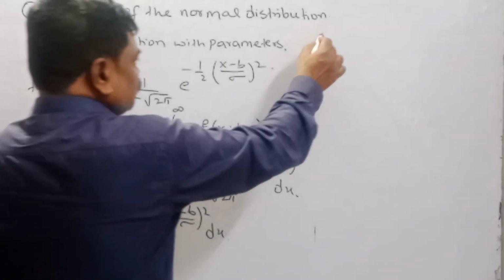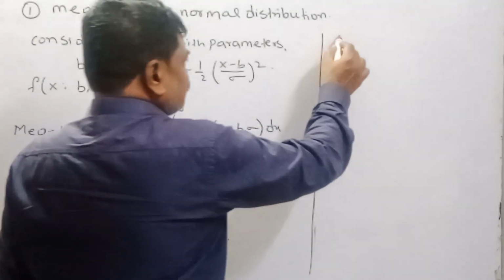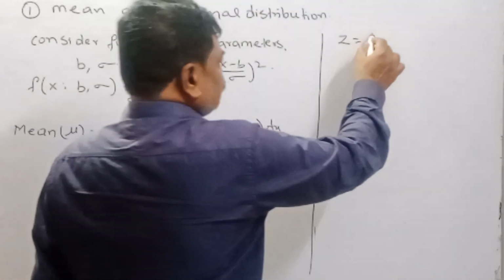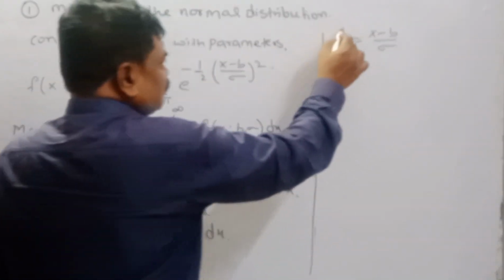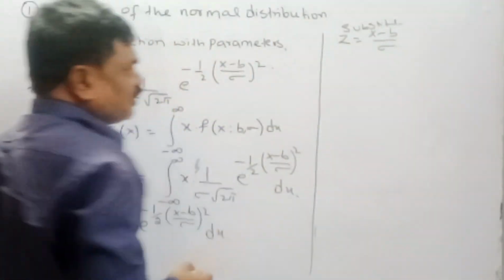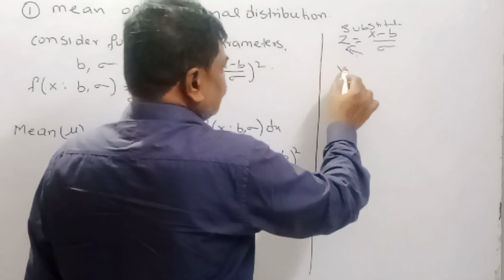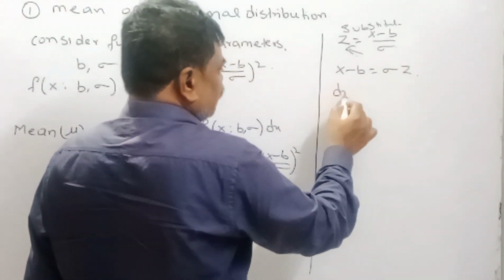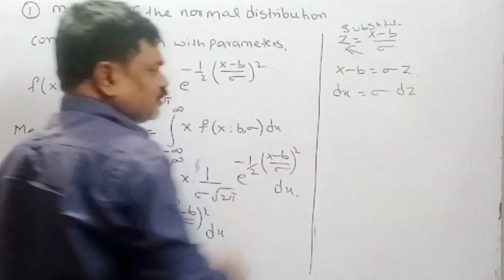So here you see, take another parameter z equal to x minus b by sigma. Then by substituting, cross multiplication, x minus b is equal to sigma z. Then what is dx? dx equal to sigma into dz.